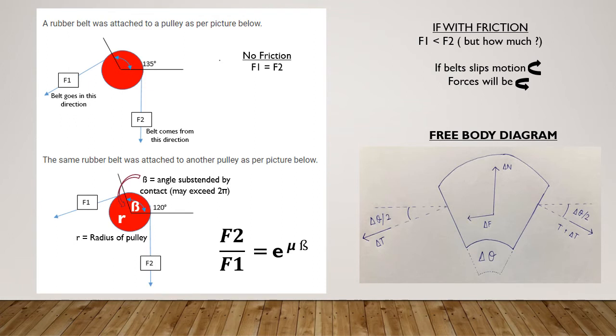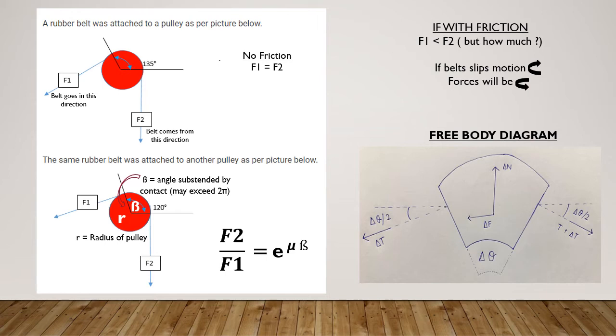If we look at some vocabulary, for any pulley with a belt or a rope going over it, we assume up till now a frictionless situation. So the tension on both sides is the same. As you can see, no friction means F1 equals F2.